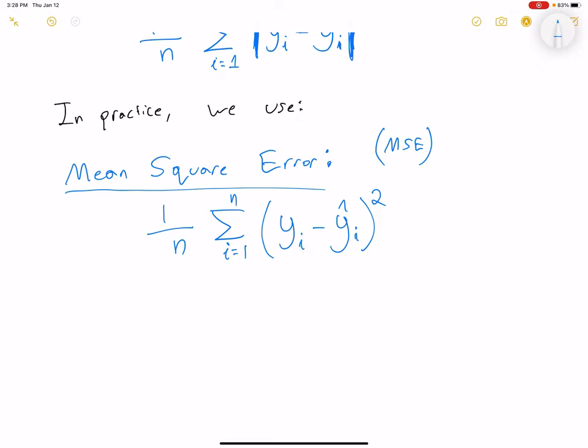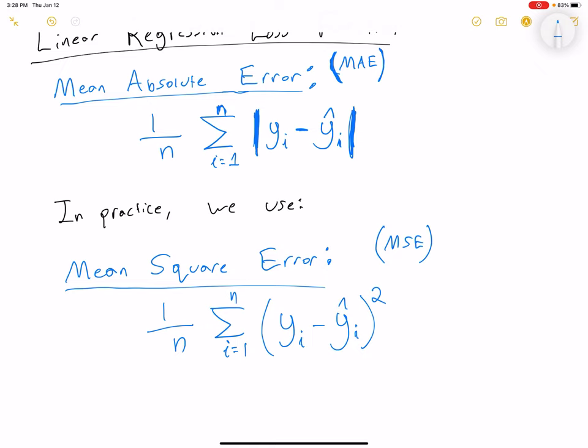So could anyone tell me why we might prefer MSE over MAE?